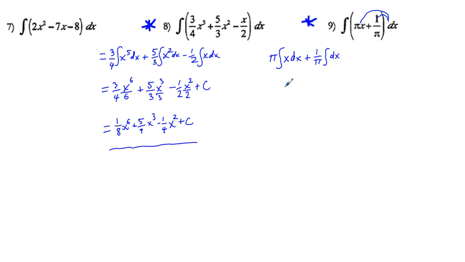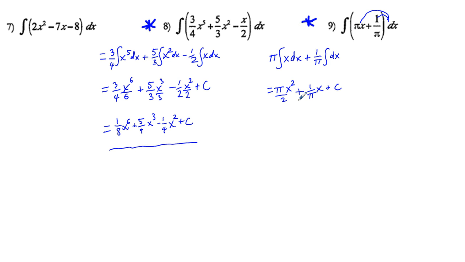So now, working below, we're going to have pi, and what's x? What's the integral of x dx? It's going to be x squared over 2. And then we have plus dx, that's just going to be x, but we're going to have 1 over pi times x, and then that's going to be plus the constant of integration c.